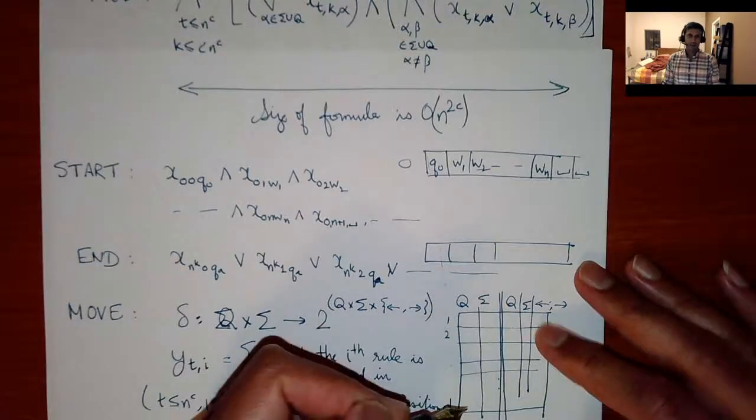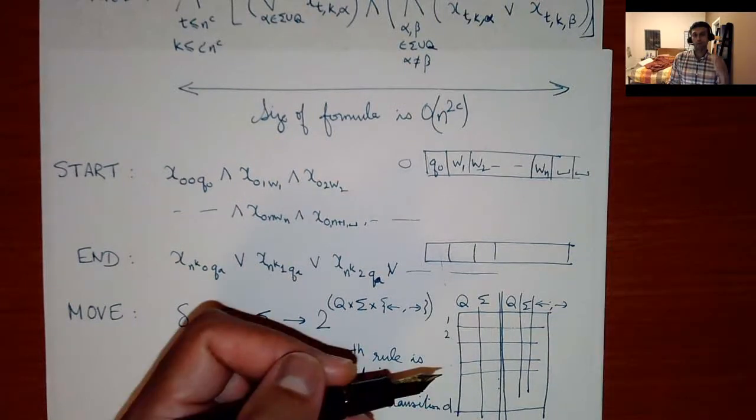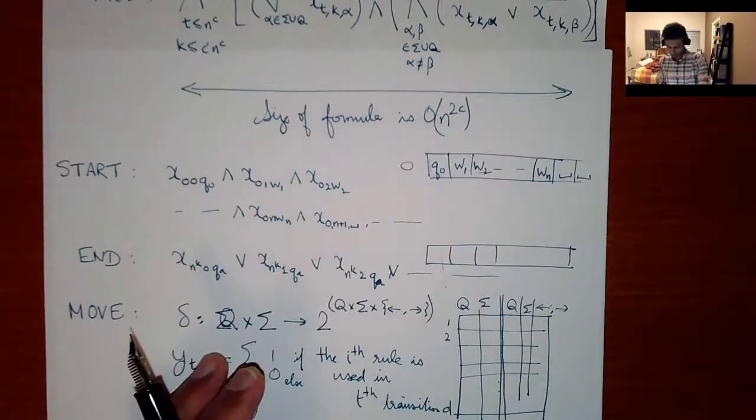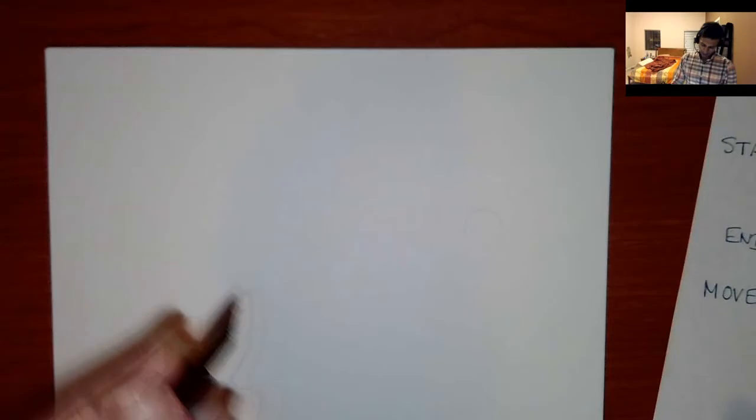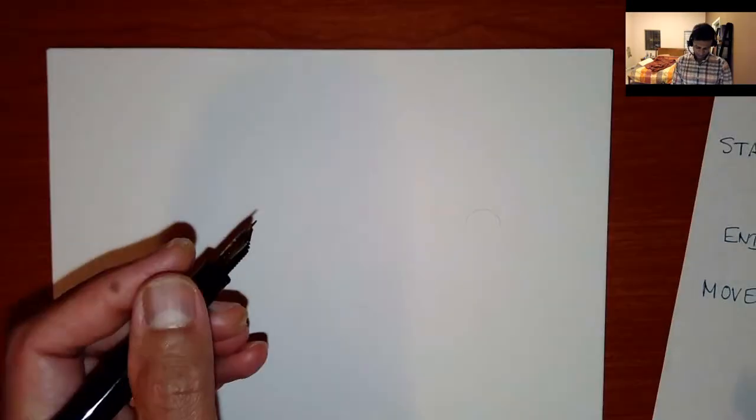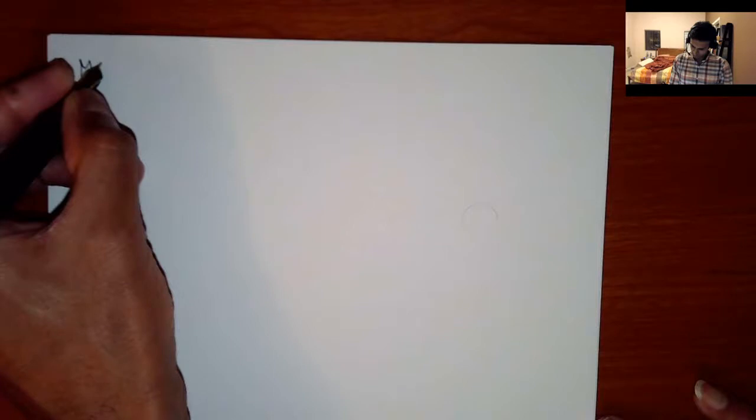Then furthermore I can go through the transition table and figure out what rule needs to be chosen at every step. So let me encode it as follows. What is move really saying?